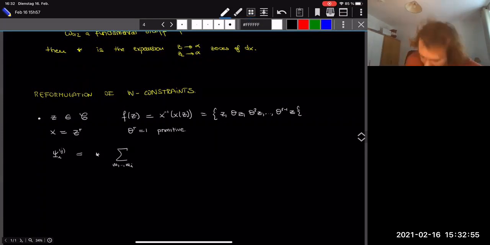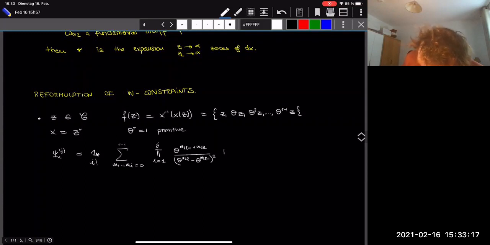Okay, so my psi was 1 over I factorial, sum over this, and then the product of theta m to L minus 1, theta m to L over theta m to L minus theta m to L minus 1, and then the product of the theta minus ML AL.